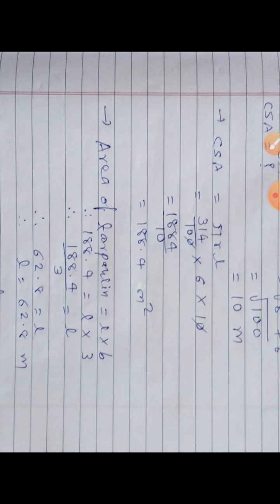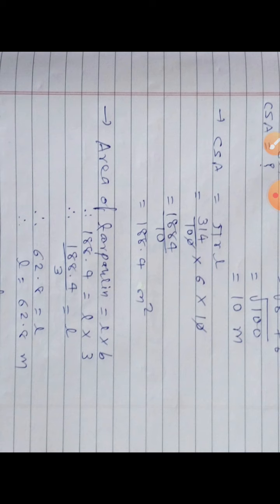That L is asked, that is, what should be the length of that tarpaulin piece so that we can make the tent from that rectangular piece. So L is found from there. 188.4, 3 is shifted to the left hand side, and we found 62.8. So 62.8 meter is the required length of the tarpaulin piece.